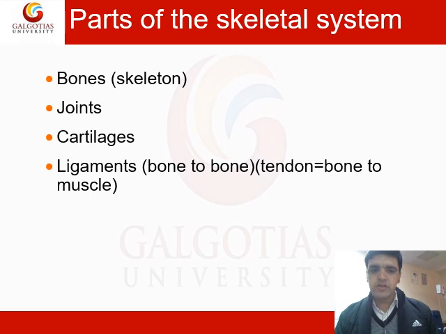The junction between two bones is known as a joint. Cartilage is a kind of soft tissue found within the matrix of the skeletal system. Ligaments are connective fibers that attach two bones together, bone to bone. The connective fibers that attach bones to muscle are tendons.